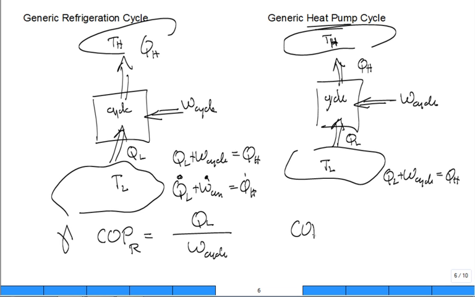Then the coefficient of performance, but it's not for refrigeration, it's for the heat pump. What do we desire in a heat pump? A large QH. What do we have to provide? W of the cycle. Now, you say, why don't we just have electric resistive heating? Well, if you do, then it's just 100% this way.